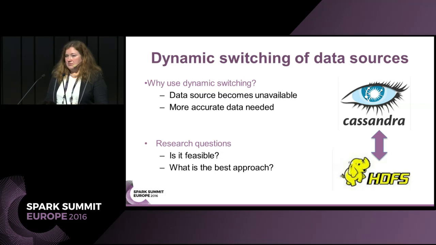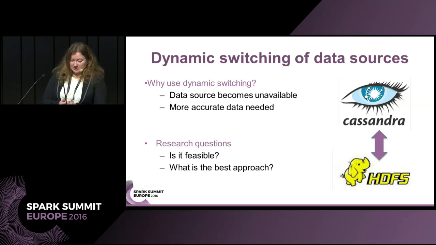Or maybe you didn't have a data source with more accurate data, but then a new data source arrived and you say, I want to use that in place of the old one, which is maybe not so accurate. So you make a switch. Or maybe I also want to add a new data source to my analysis. So the questions were: is it feasible? Is it possible? And what is the best approach if it's possible?